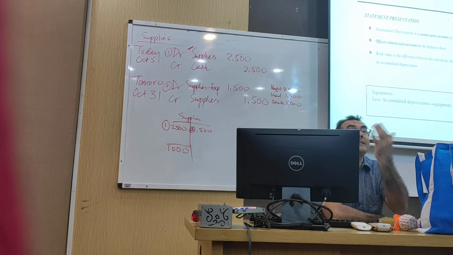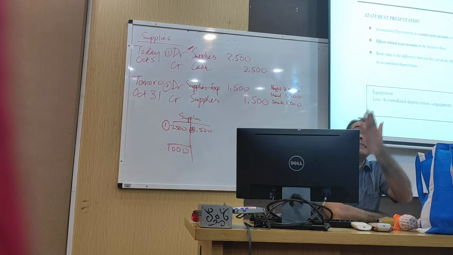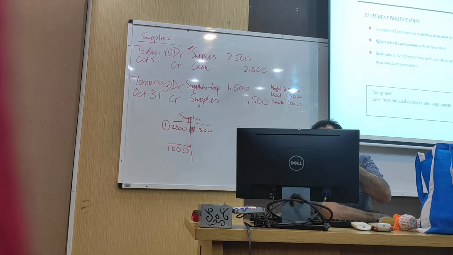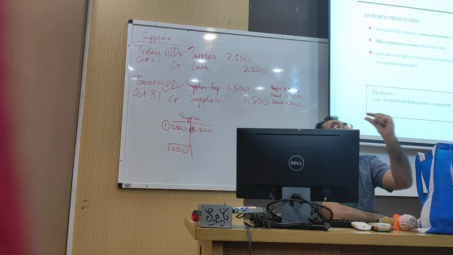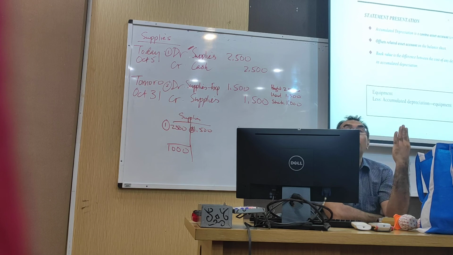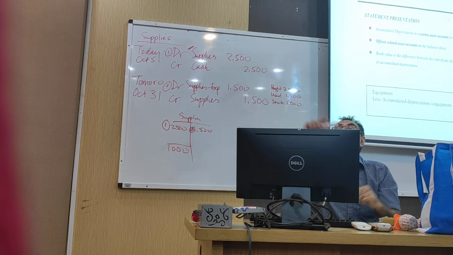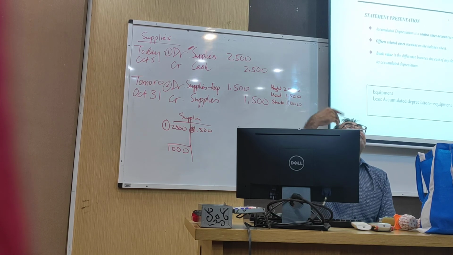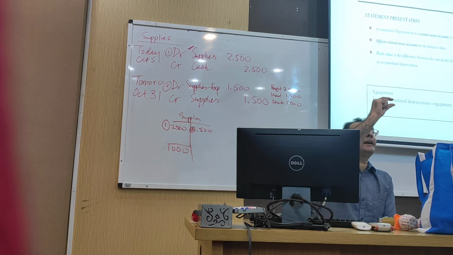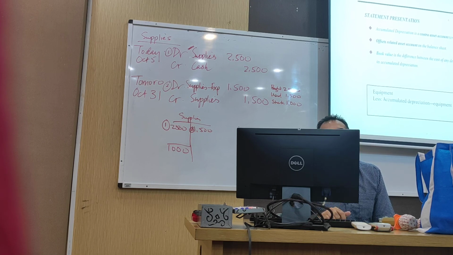So anybody who looks at this will know that the cost was 5,000 and the current accumulated depreciation is $40 because it has only completed 1 month of use. So from the accumulated depreciation account, I can easily verify the age of the asset. So if the accumulated depreciation is very high, I know this is not a new asset.